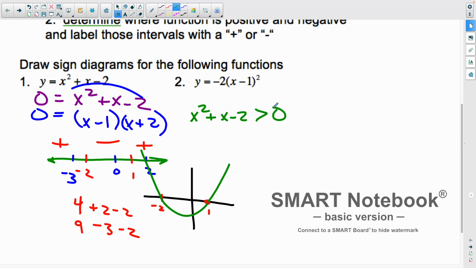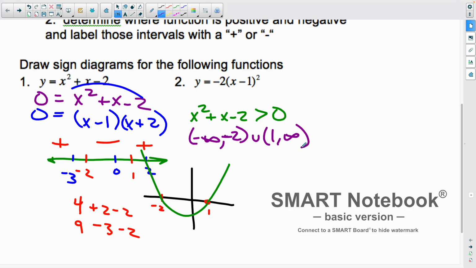Where is this greater than 0, meaning where is this a positive number? Over on this side here and over on this side here. So to answer that problem, we would say -infinity to -2, and 1 to infinity.